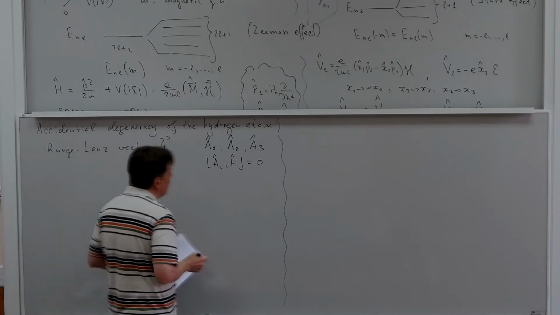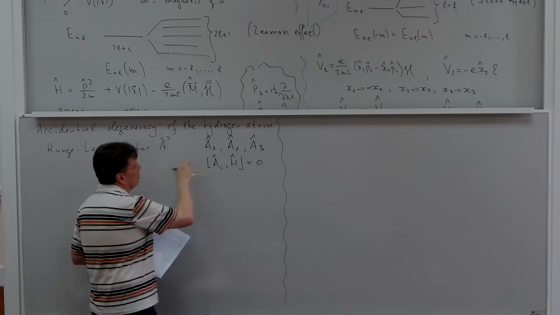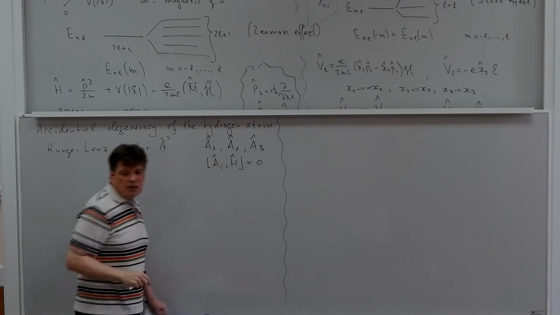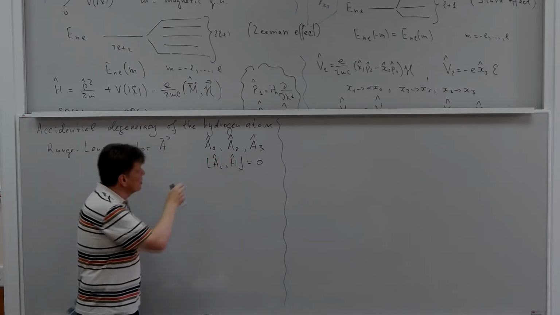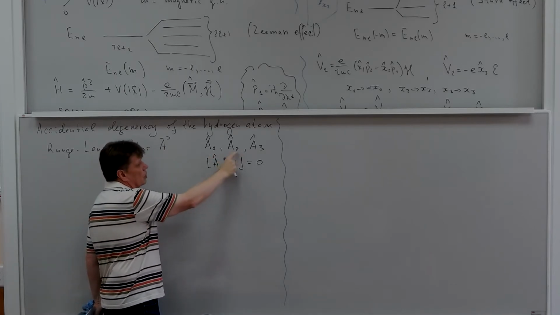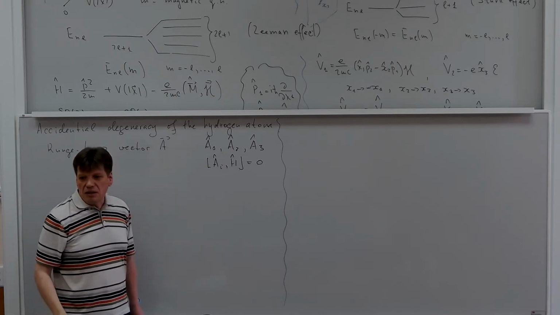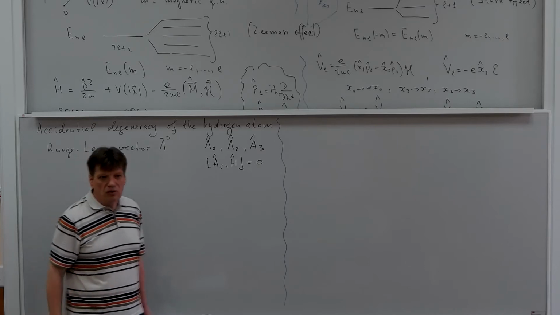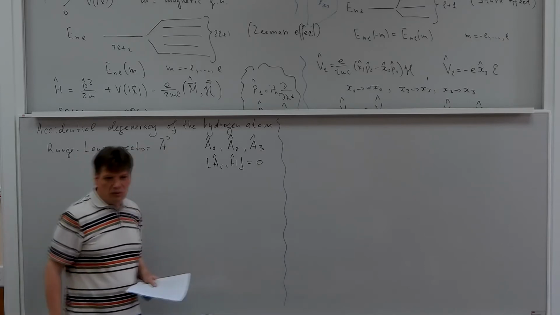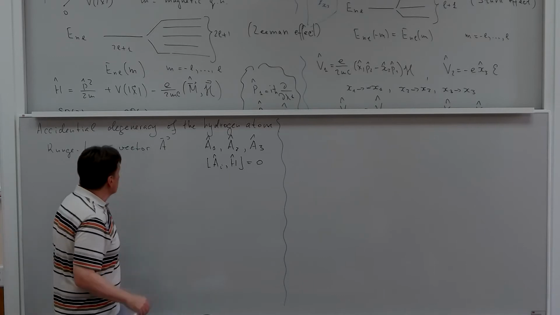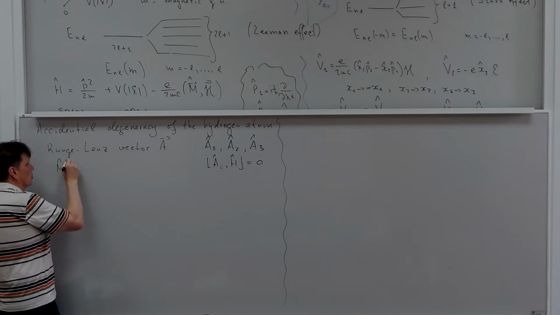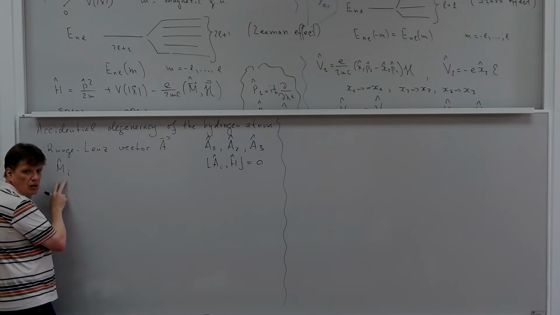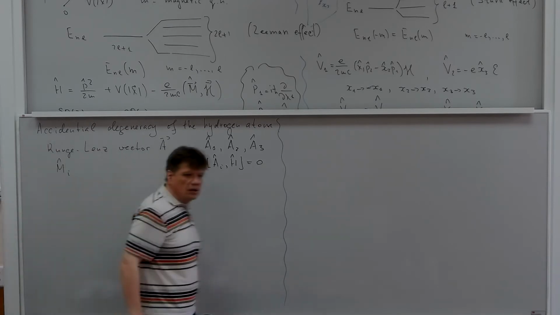It should be noted, however, that the corresponding symmetries are non-geometric, because in the coordinate representation, these operators A1, A2, A3 are second order differential operators. So they generate non-geometric symmetries which are not obvious. In contrast, for example, to the components of the angular momentum operators, which are differential operators of first order.